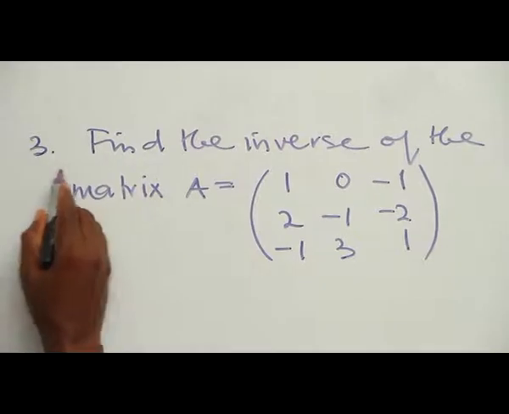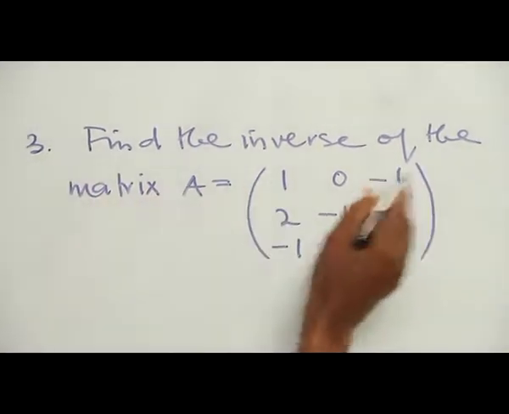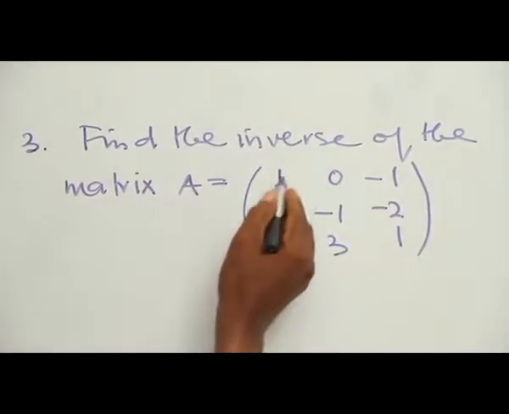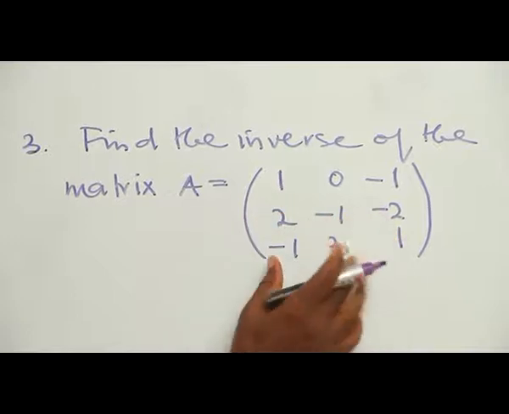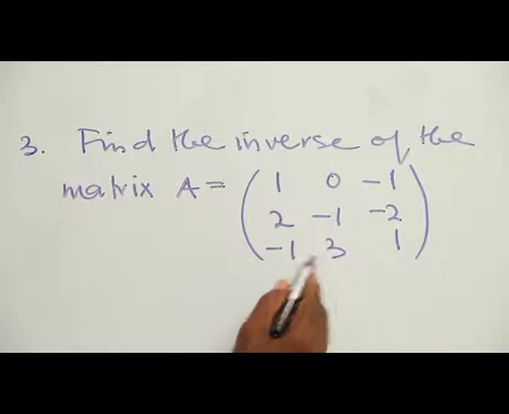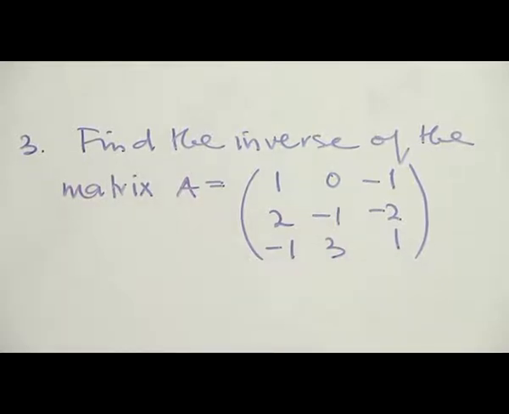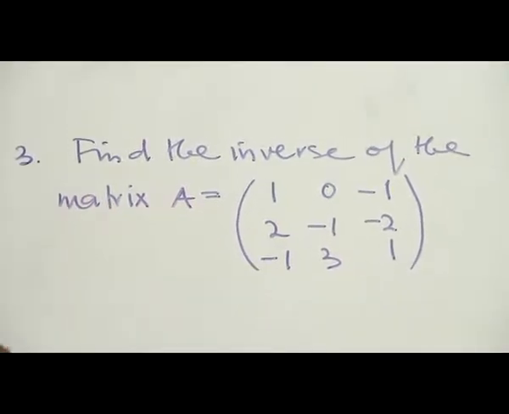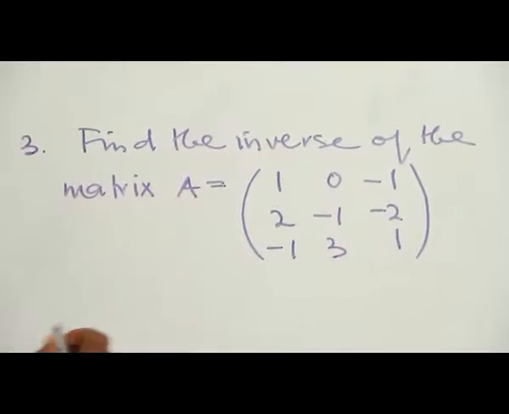Example number 3. Find the inverse of the matrix A equal to 1, 0, minus 1, 2, minus 1, minus 2, minus 1, 3, and 1. I want us to take note of certain things I'm going to do now.